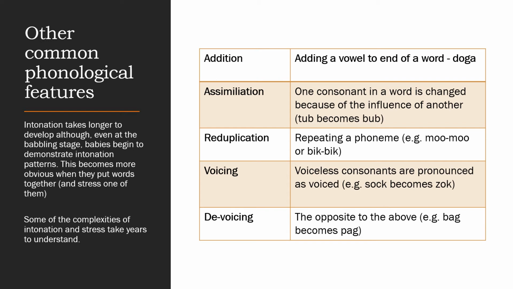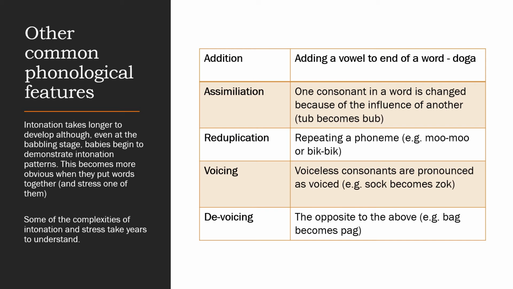For voicing, we've got an example where the fricative s, which is unvoiced, has become the voiced version, z. S and z are a pair, but in this case, what we would usually see as an unvoiced s, the sock, becomes the voiced zock.